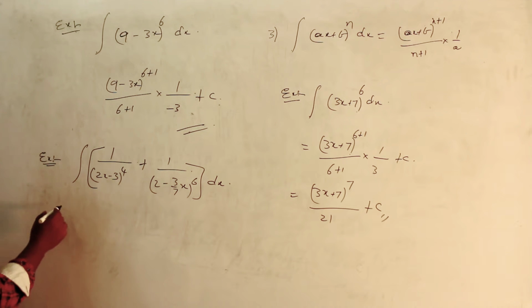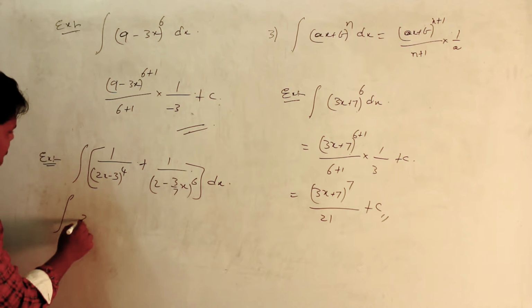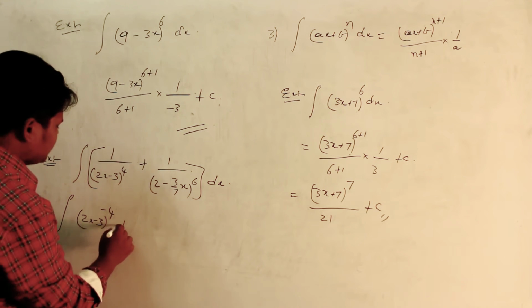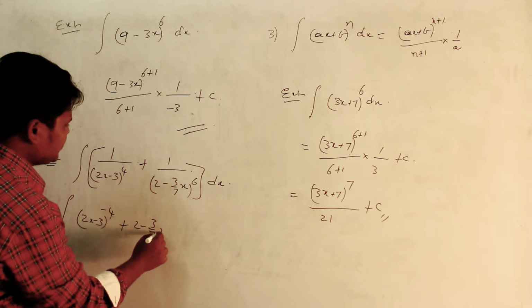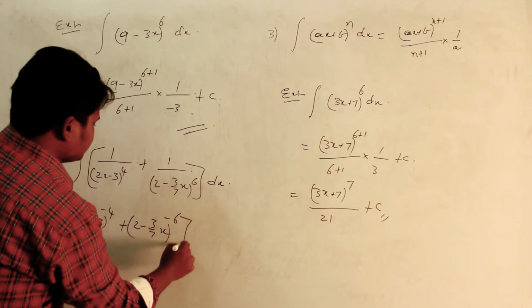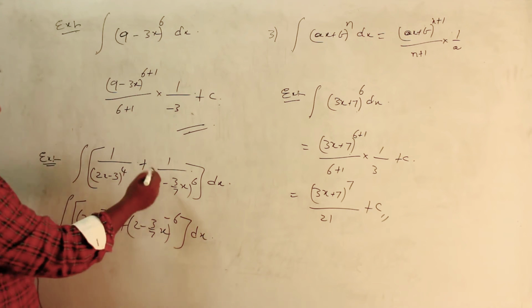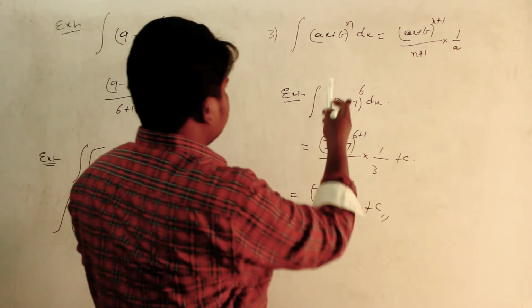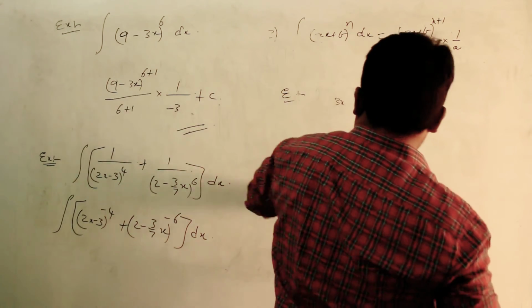This can be written as integration of 2x minus 3 whole power minus 4 plus 2 minus 3 by 7x whole power minus 6 dx. Now after converting into this form, again we apply the same method of integration according to the same formula. So let us see.